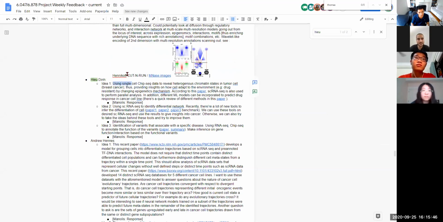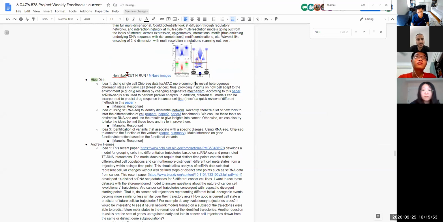All right, using single cell ATAC-seq data. So scATAC-seq is more common to reveal heterogeneous chromatin states in tumor cells. Beautiful, I love it. Endpoint.